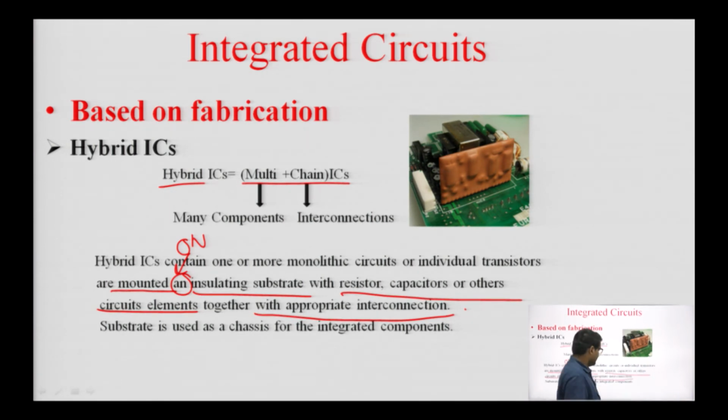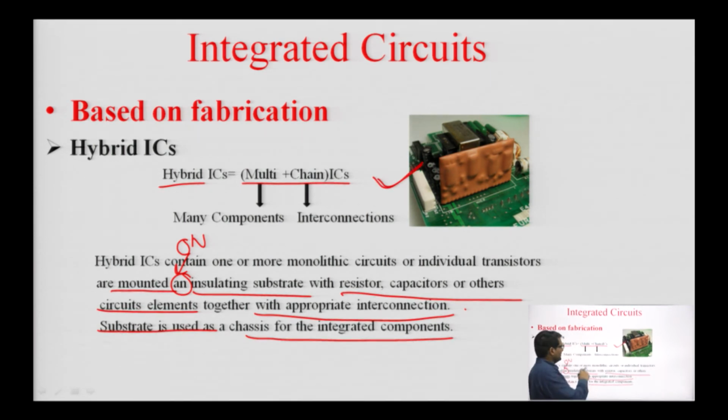Here the substrate is used as a chassis for the integrated circuit. This diagram shows an example of a hybrid integrated circuit. We see hybrid integrated circuits in a high power audio amplifier, which is generally made with this technique.